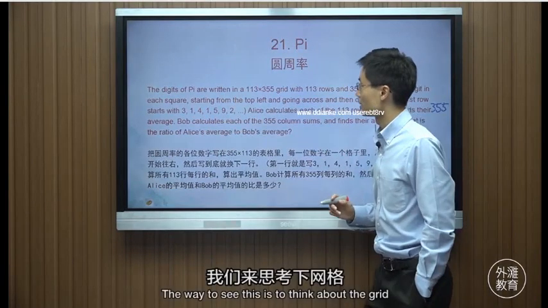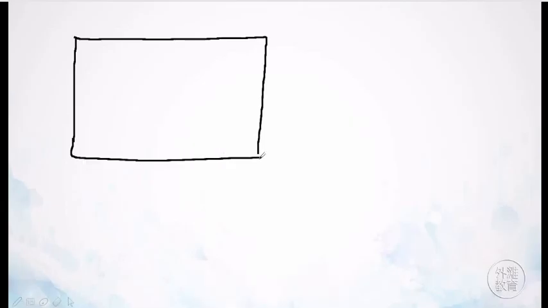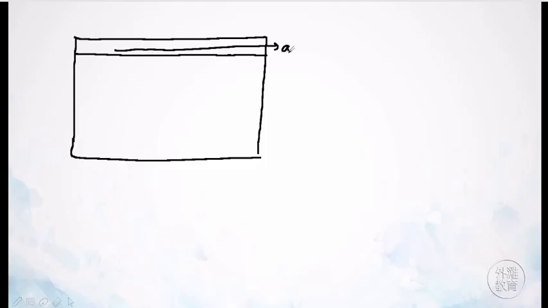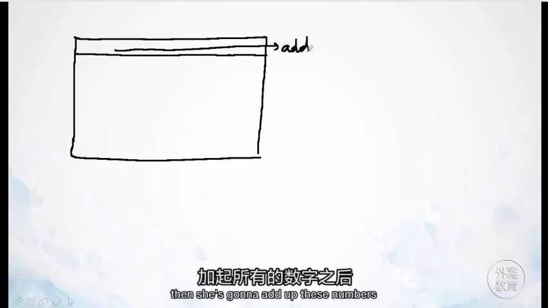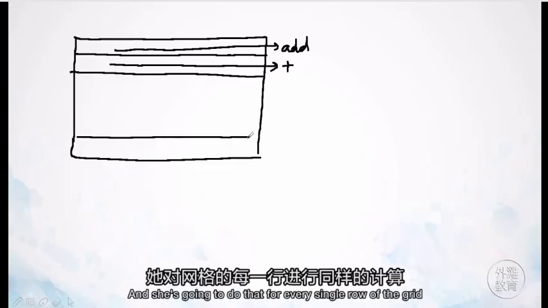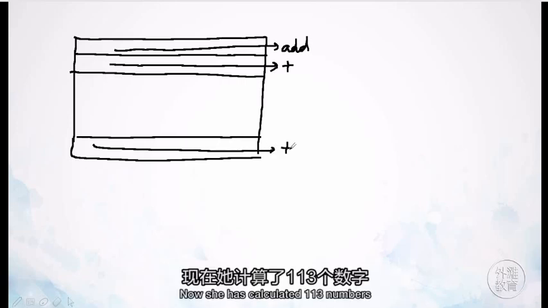The way to see this is to think about the grid. So what is Alice actually doing? First she's going to add up all of these numbers. Then she's going to add up all of these numbers. And she's going to do that for every single row of the grid. Now she has calculated 113 numbers.